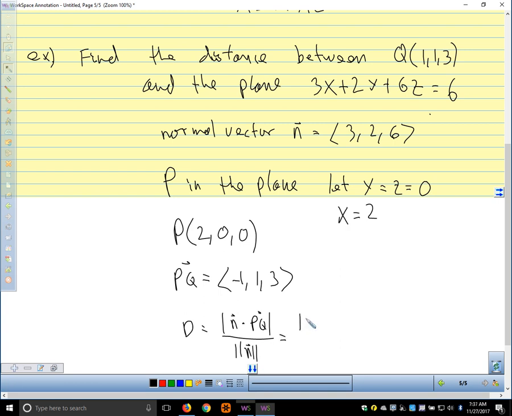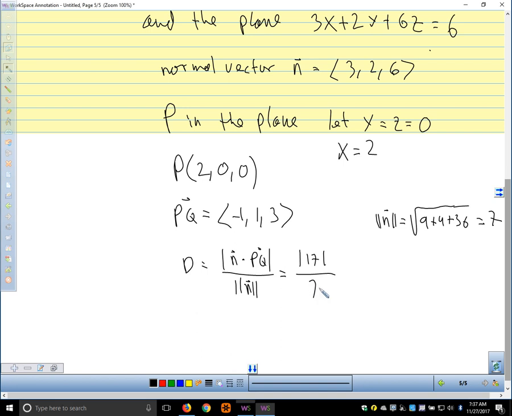So we get the absolute value of n dot PQ: -3 plus 2 plus 18, which is 17, absolute value 17, over the magnitude of n, the square root of 9 plus 4 plus 36, which is 7. So the distance is 17/7 units.